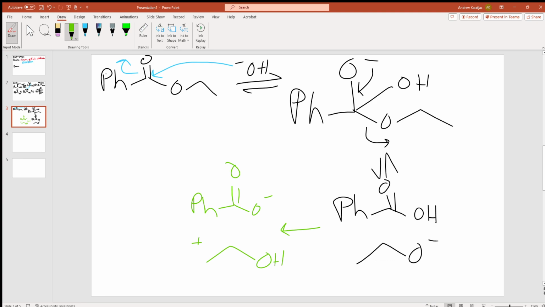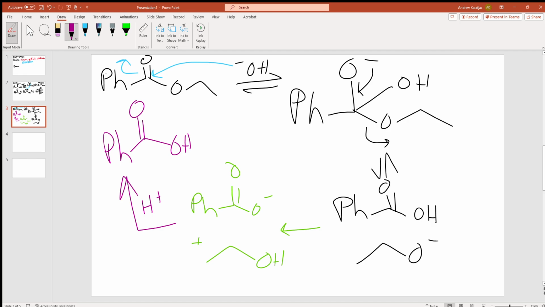And that's going to allow us to drive the entire equilibrium of the hydrolysis forward. So again, even though we have a step in the middle that doesn't look so good, we can take advantage of equilibrium to drive the reaction forward. Final step is that you would quench this with acid, and you get your carboxylic acid.